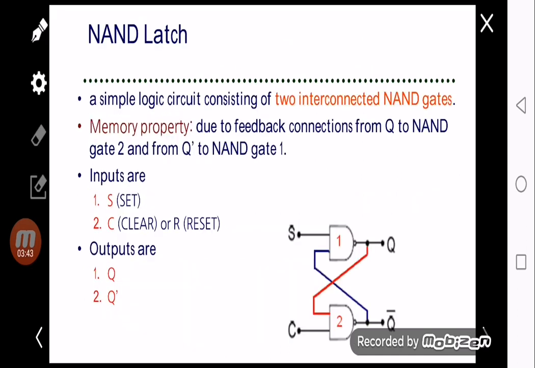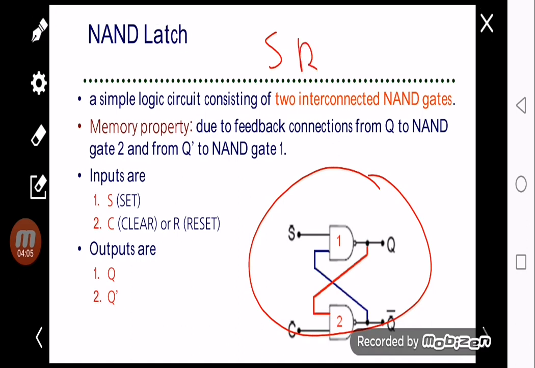Now we will move to the 2 types of latch: the NAND latch and the NOR latch. A NAND latch means the latch is formed from NAND gates. You can see here, this is a NAND gate. The NAND latch, which we also call the SR latch, consists of 2 interconnected NAND gates. We have 2 inputs, S and C. S is set, C is clear or reset.